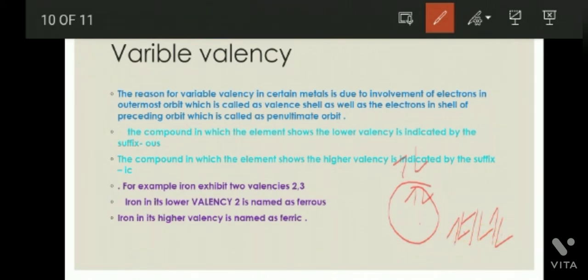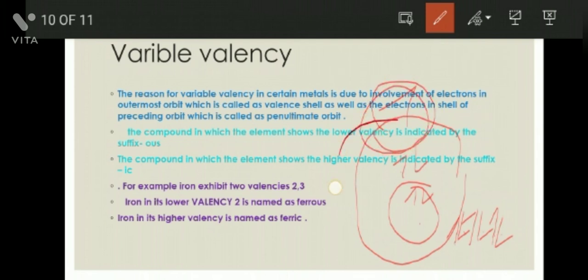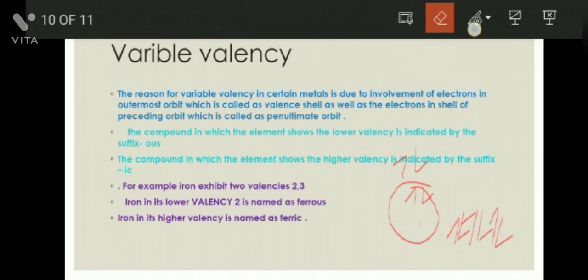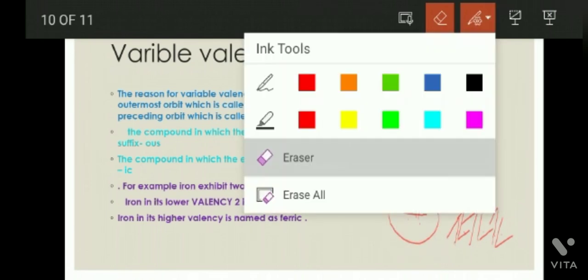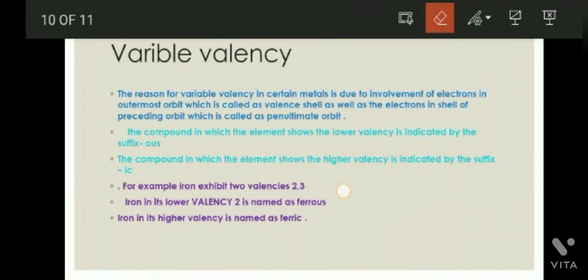In the outermost orbit 8 are there, so it's stable. Here we first counted the first one. This is the valence shell. And again, it lost the electron, and then we counted the shells before that. Here the nucleus is present, and we counted this shell, and this is called the penultimate shell.